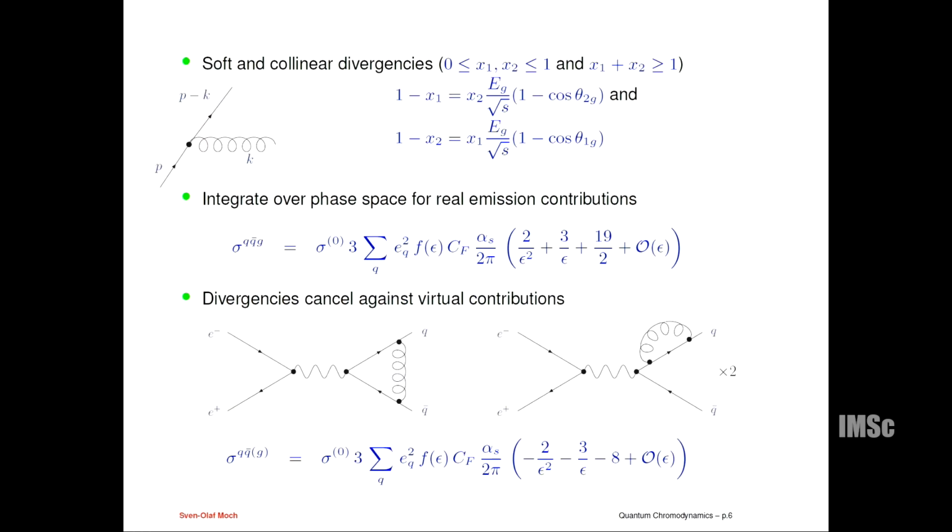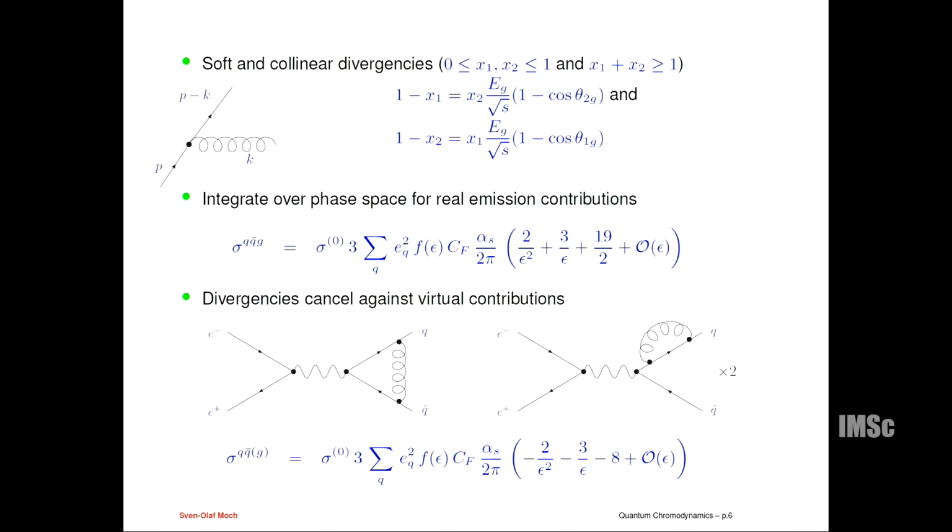So actually I have a question with two parts, in the sense that can we separate this collinear divergence and the soft divergence from here? So if you know where they come from, then you know one power of epsilon is soft and one power of epsilon is collinear.